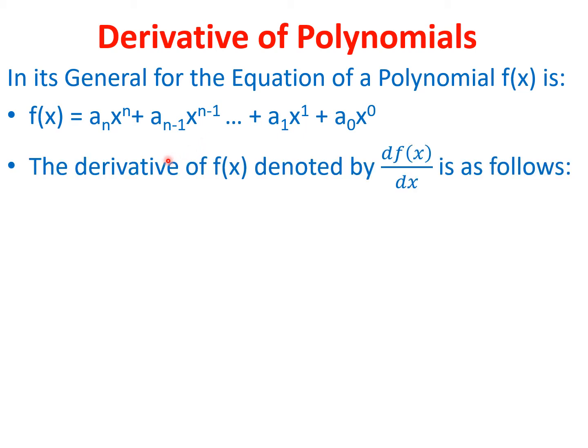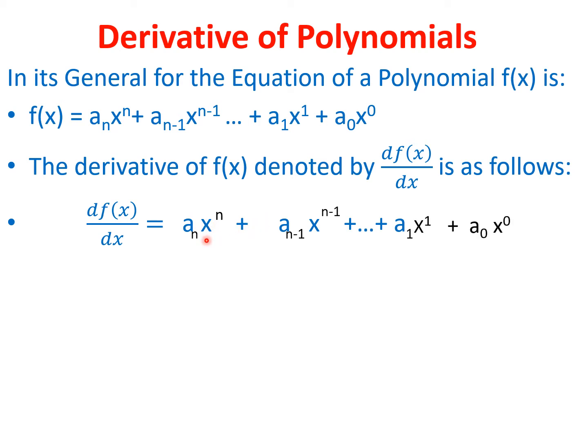So the derivative of f of x denoted by df of x by dx is as follows. We have to get d by dx, and then we have all the terms. We're going to fill them gradually. So these are the terms. Now if we want to do the derivative, it will go as follows.